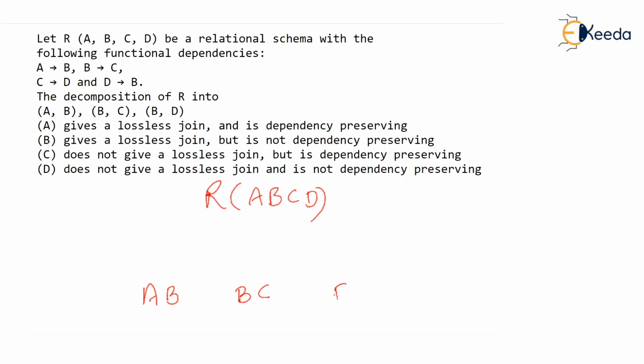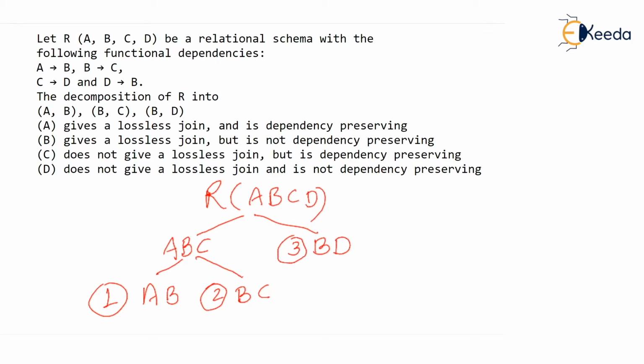Now, what might have happened is that first this table was decomposed into two tables containing ABC and BD. And then this ABC was decomposed into AB and BC. Hence, we had three tables: AB, BC, and BD. This must have happened.